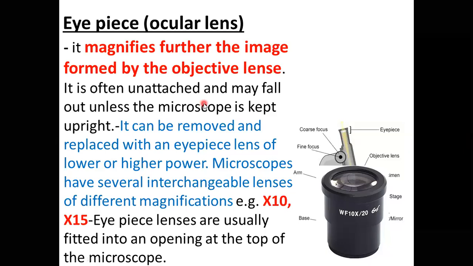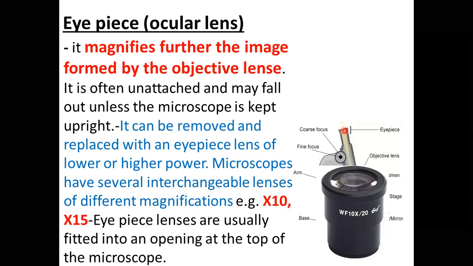Now, remember that the eyepiece lens can be removed and replaced with another eyepiece lens. In fact, the eyepiece lens can be interchanged. They're interchangeable, meaning anytime you're handling a microscope, if you hold a microscope upside down, the eyepiece lens will fall. And that's why as we handle a microscope, we do it with a lot of care.